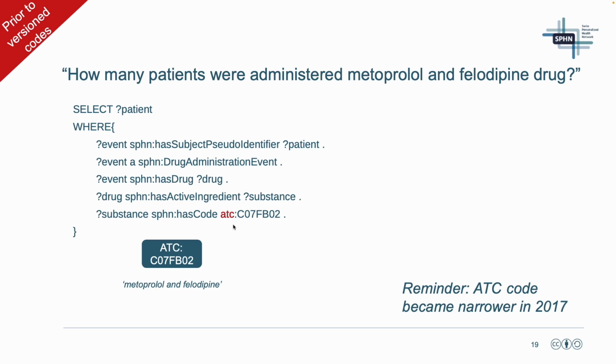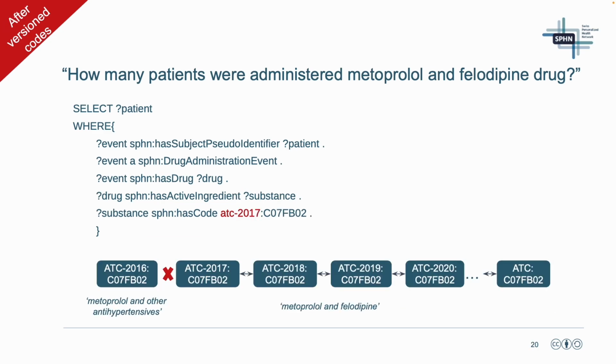As a reminder, the metoprolol and felodipine code only came into play in 2017, and prior to that, the meaning of this specific code was much broader. Before we had the version codes, there was absolutely no way of knowing if the substance was administered with indeed the metoprolol and felodipine code or if it was another broader substance.